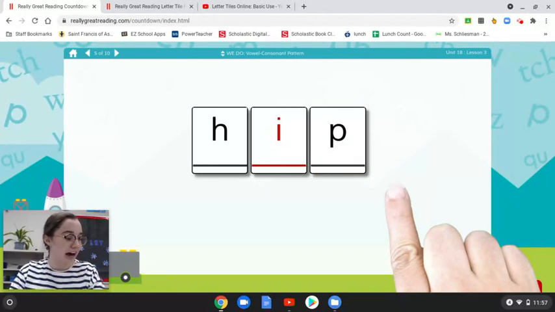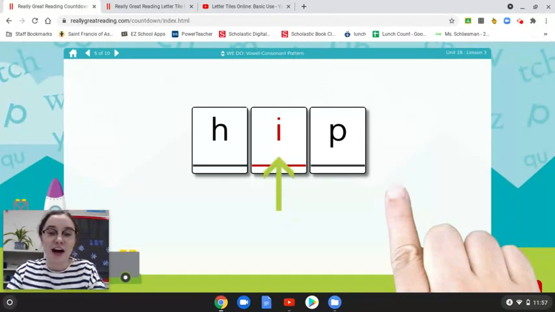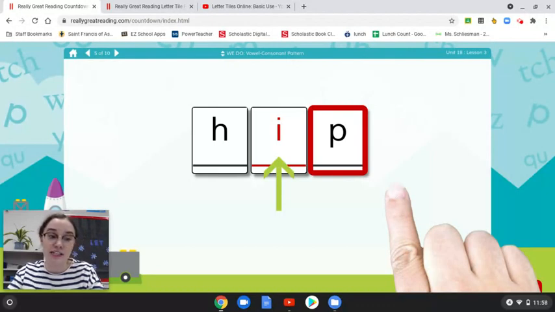Does this word have a vowel in it? It does. What is the name of this vowel letter? I. Does the vowel I have a consonant after it? It does. What is the name of that consonant letter? P. So does it follow our vowel consonant pattern?